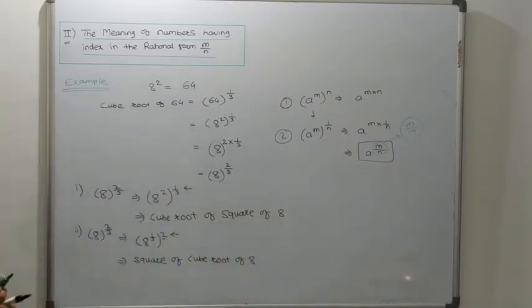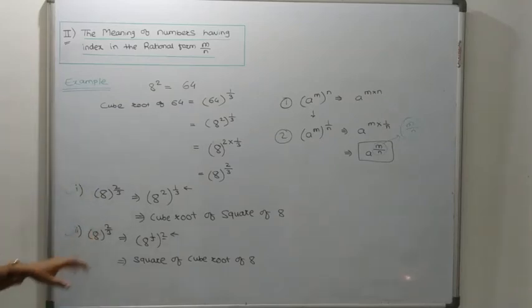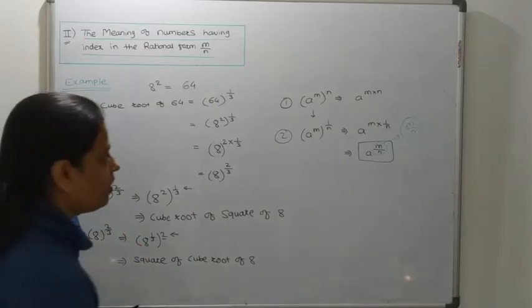These are the two ways of writing 8 raised to 2 upon 3. Next we will discuss some more examples.